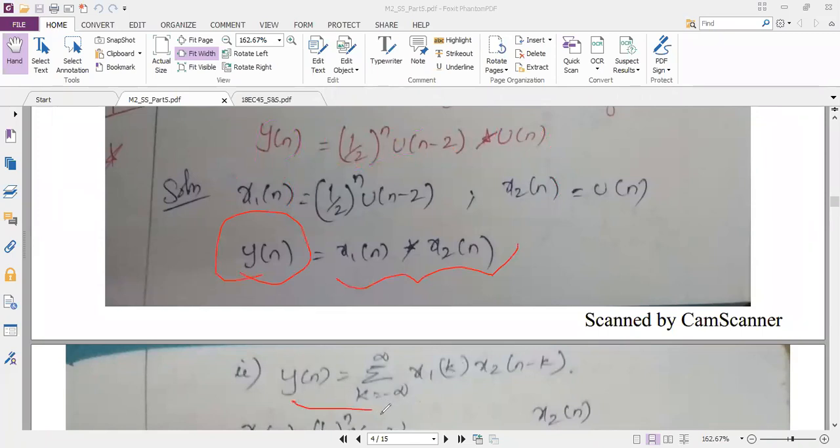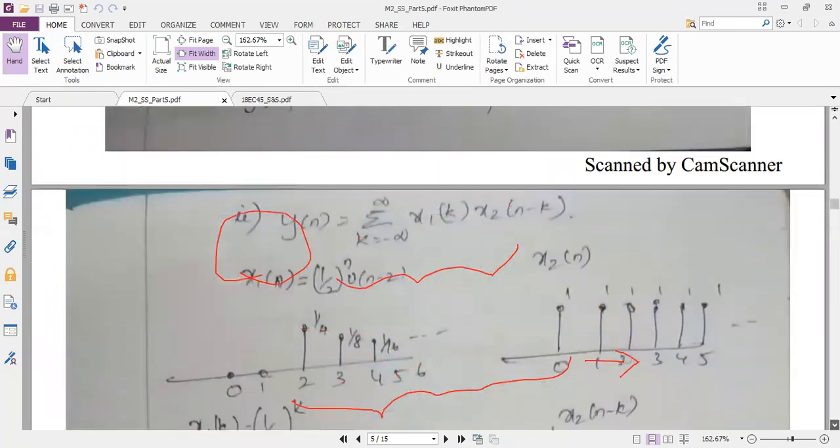In terms of summation, the summation is important because using the summation formula only we get the outputs. The formula is written as y of n is equal to summation k equal to minus infinity to plus infinity x1 of k, x2 of n minus k. I hope up to this you all understood.